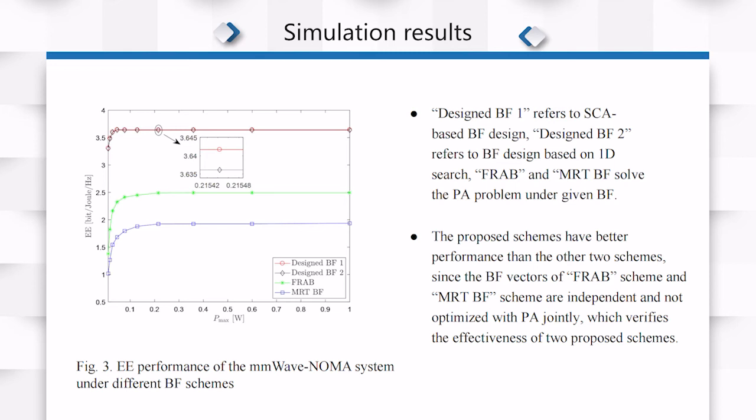FRAB and MRTBF solve the power allocation problem on the given beamforming. The proposed schemes have better performance than the other two schemes, since the beamforming vectors of the FRAB and MRTBF schemes are independent and not optimized jointly with power allocation, which verifies the effectiveness of the two proposed schemes.